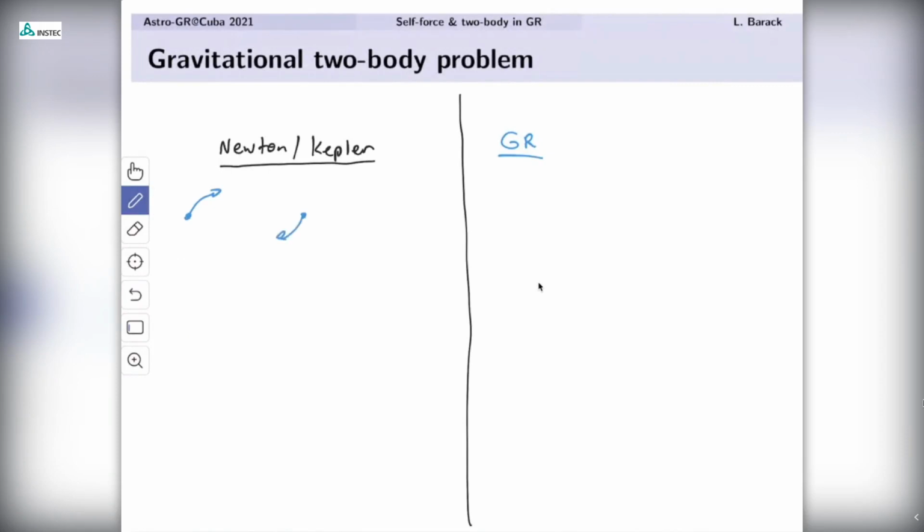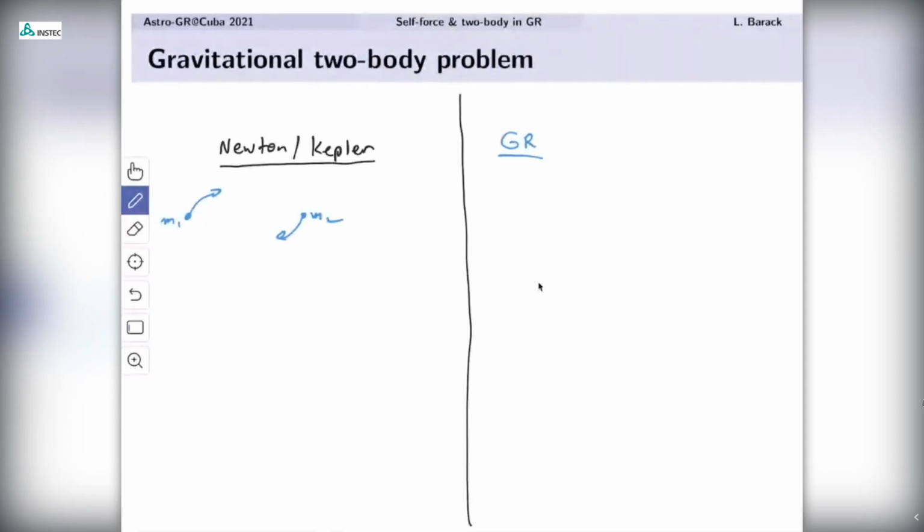We have these two masses, M1 and M2, and they are in some interaction with each other, and there's nothing else in the universe, just those two things. One thing that helps a lot in the Newton problem is that in many situations of interest you can just reduce the problem to that of point particles. And point particles make perfect sense in a Newtonian framework, because the equations of the theory are linear.